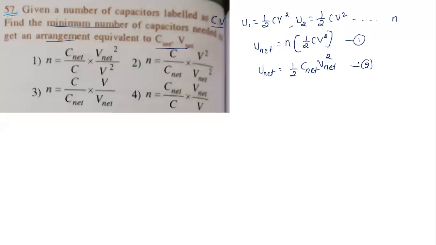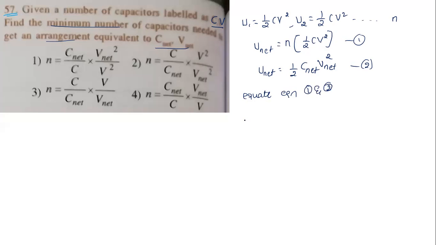It may be a parallel or series combination, we don't know because the question doesn't mention it. So I take C net, V net, but the energy must remain the same. Of course there is a loss of energy, but neglecting it, the total energy remains the same. Then I equate equation 1 and 2.